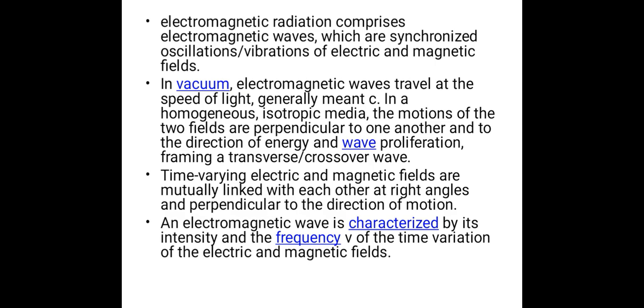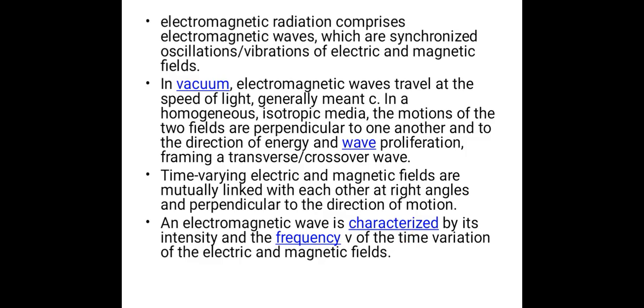Time-varying electric and magnetic fields are mutually linked with each other at right angles and perpendicular to the direction of motion. The electromagnetic wave is characterized by its intensity and frequency, v, of the time variation of the electric and magnetic fields.